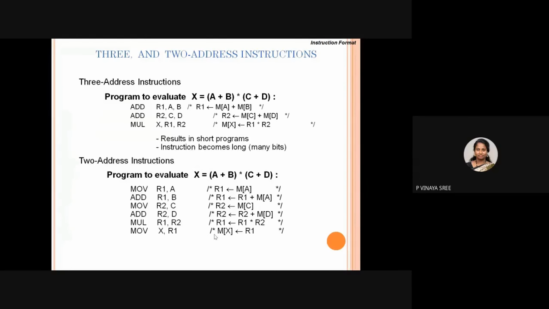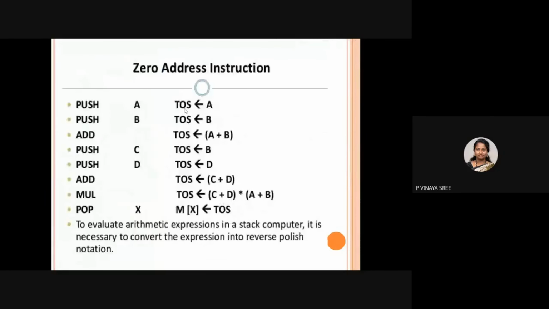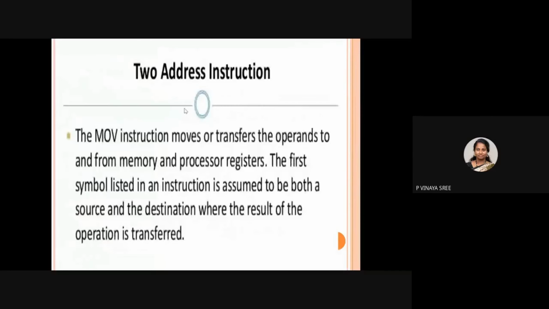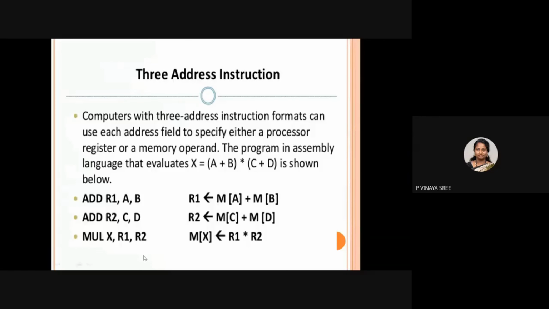Now I want to explain the advantages. See here, when coming to the three address instruction format, how many instructions are there? Only three, right?